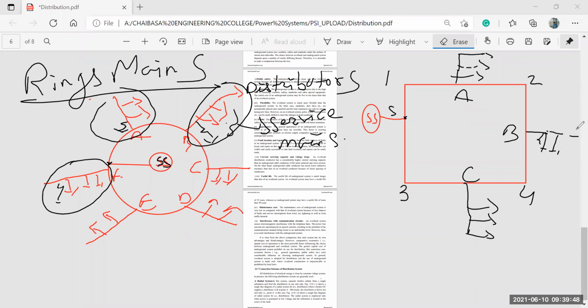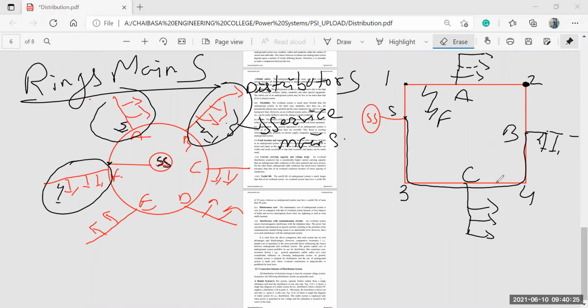If a fault occurs here, this will be isolated. Now, in this fashion, if a fault has occurred at this particular point, what will happen? The power is not cut off for these two areas. Power is still being supplied to these areas from this side. If a fault occurs somewhere over here, power would be supplied to this unit.